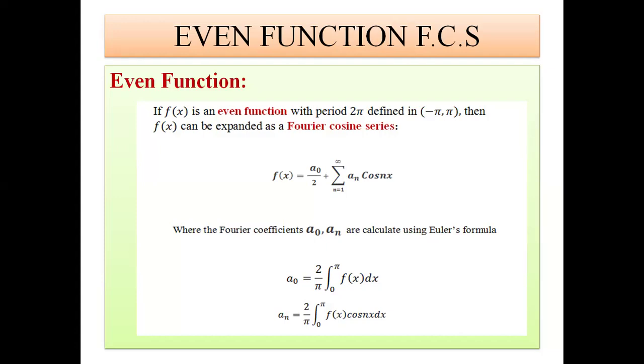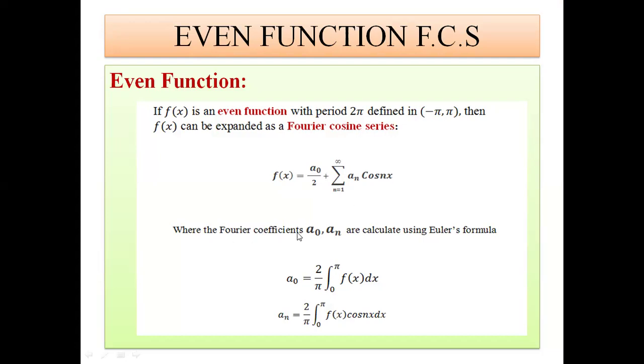If f of x is an even function with period 2 pi, defined in minus pi comma plus pi, then f of x can be expanded in a Fourier cosine series. For a Fourier cosine series, you take f of x as an even function, and you solve for a naught and a n. f of x is equal to a naught by 2 plus summation n is equal to 1 to infinity a n cos n x.